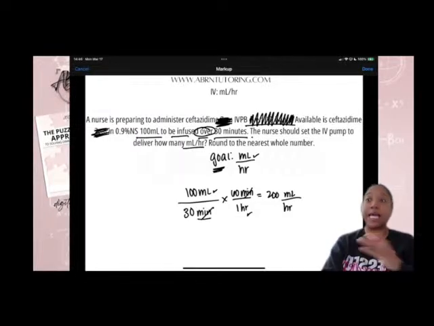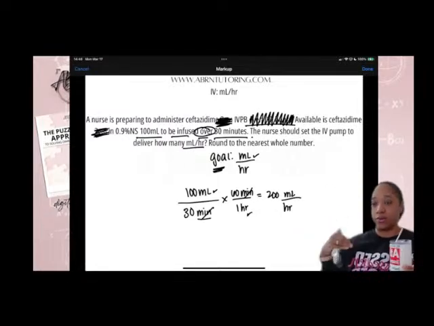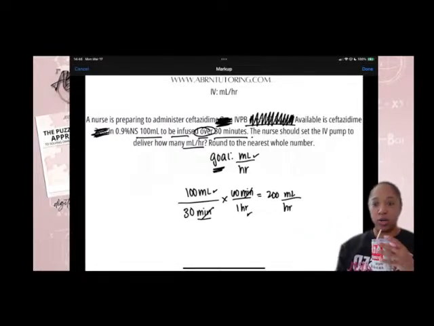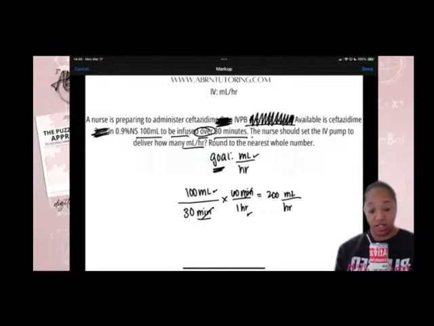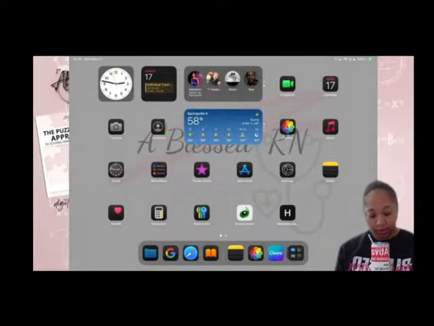Did everybody get that answer? Any questions about why we used what we used and what was fluff? No questions? Okay. Let's find the intake and output.